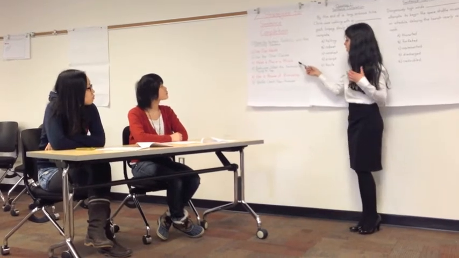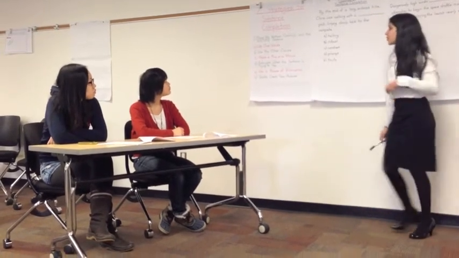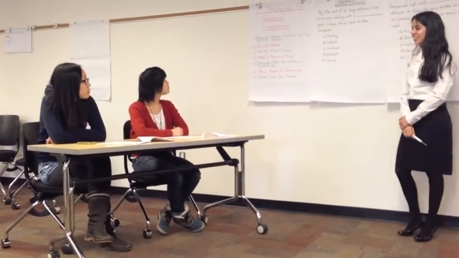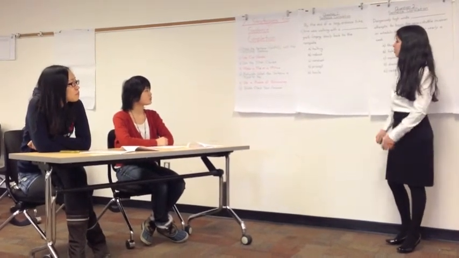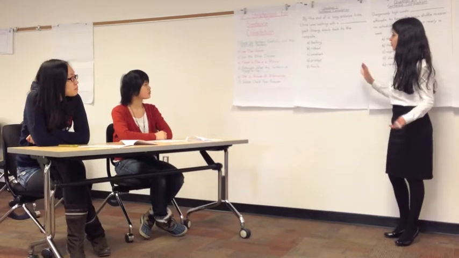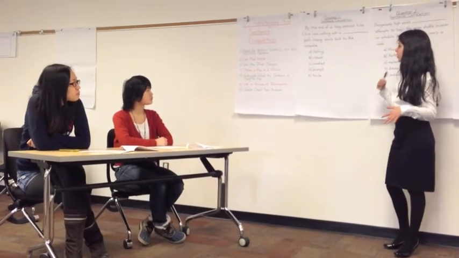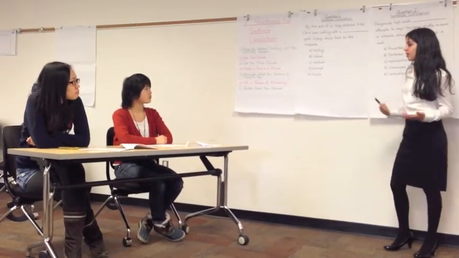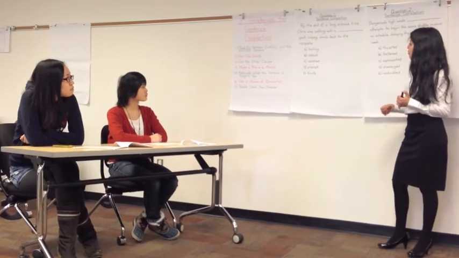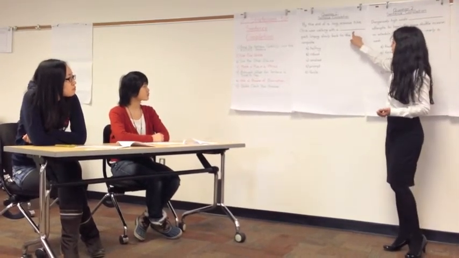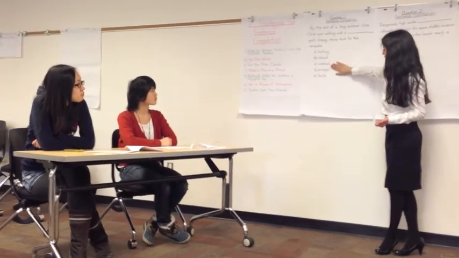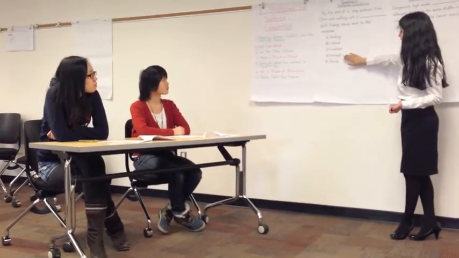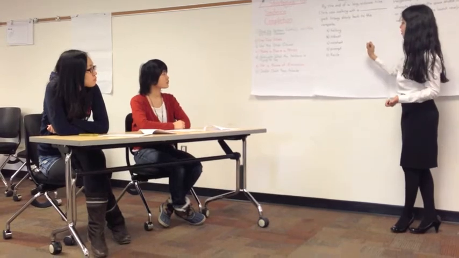For the fourth strategy: make a plus or a minus. This is a great strategy if you have a hunch whether the word is used in a positive or a negative context. You would put a plus or a minus on as many answers as you could, and that would help you eliminate words that don't match.